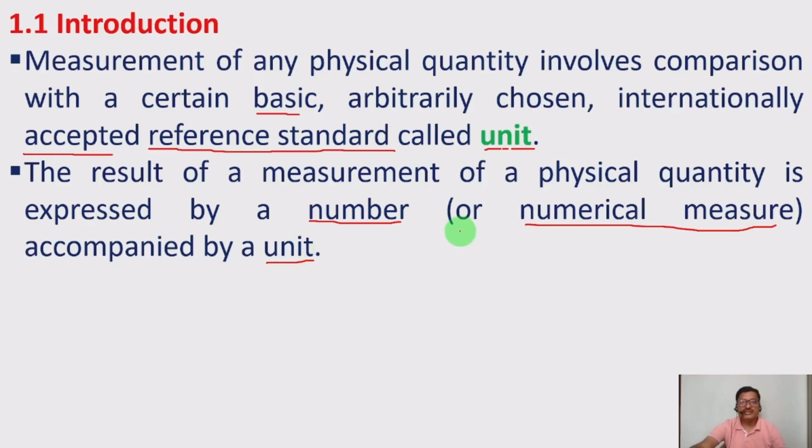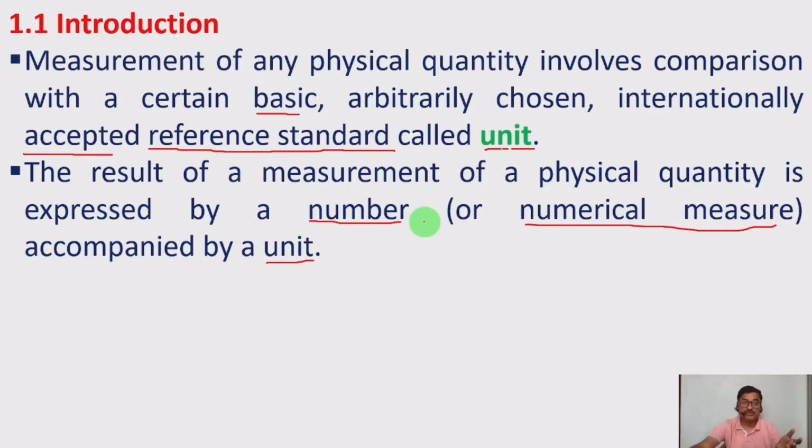Why is the number and unit required? As we know, if we go to any shop and ask the shopkeeper to give 5 grains, and you mention only the number, what should he understand? 5 number of grains, or 5 bags, or something else? Unless you mention its unit, it is not valid.